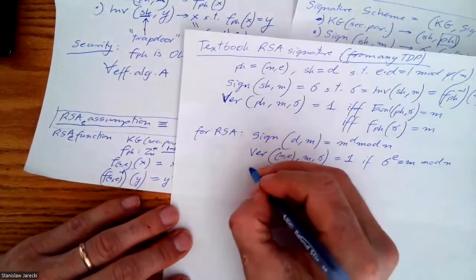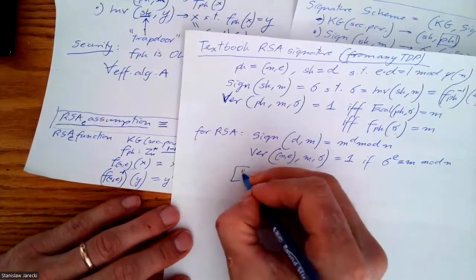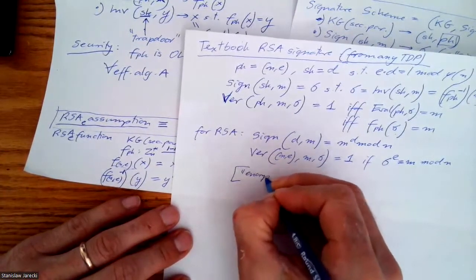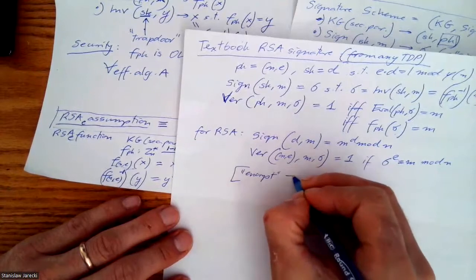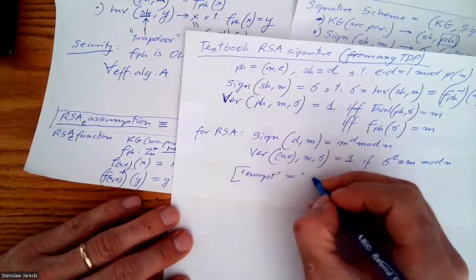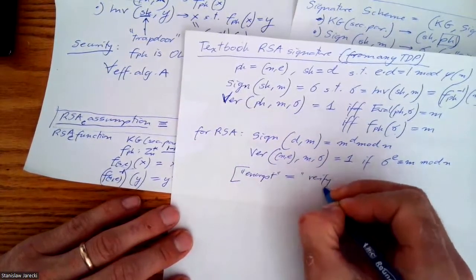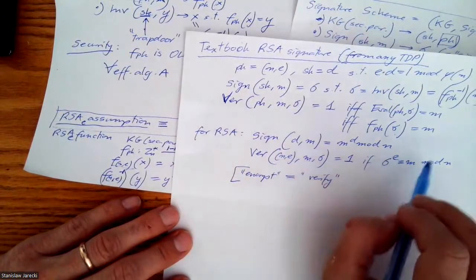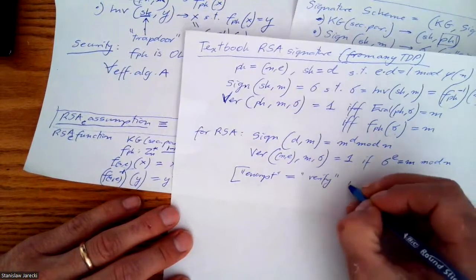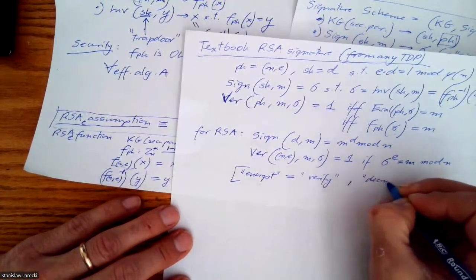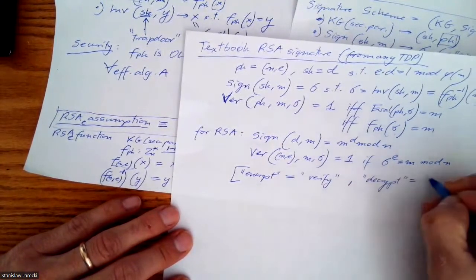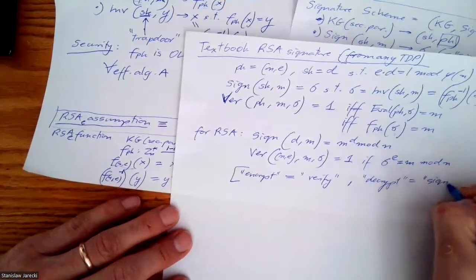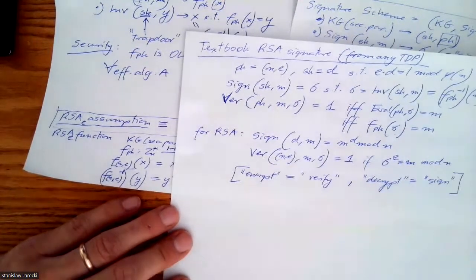So in RSA's parlance, encrypt is like verify, because this was the same function that we used for encryption. And decrypt is for sign.